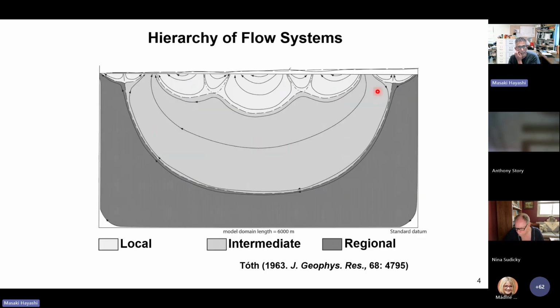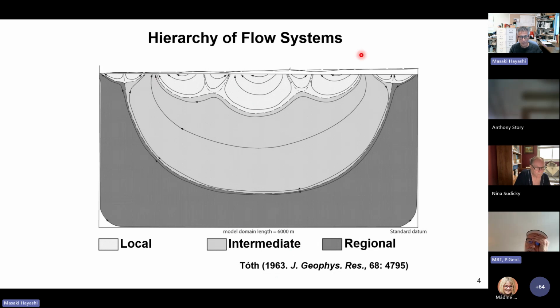So let's look at this concept a bit more using the picture from the original paper. You have this nested flow system or hierarchical flow system. You have local flow systems, intermediate flow systems, and regional groundwater flow systems.